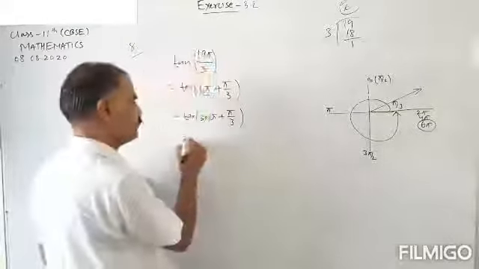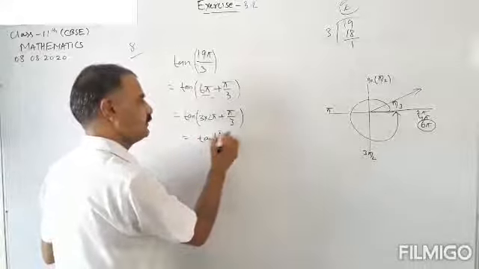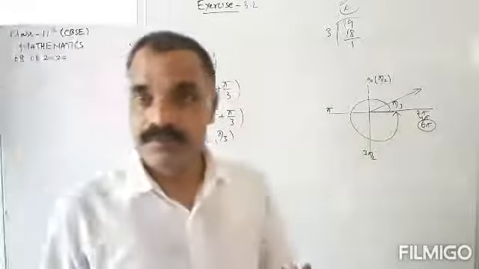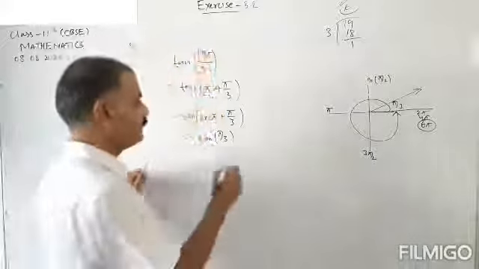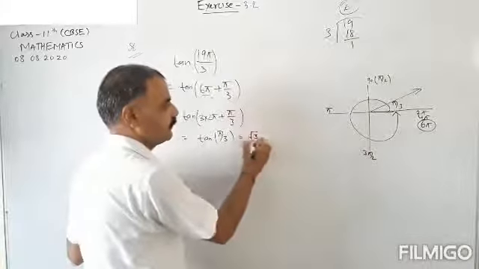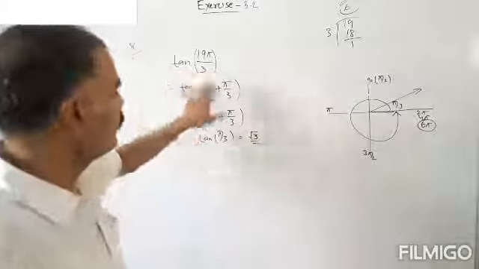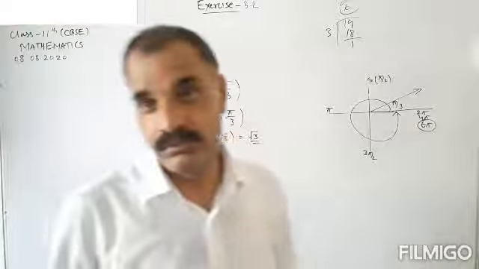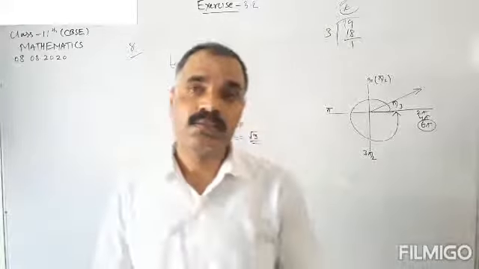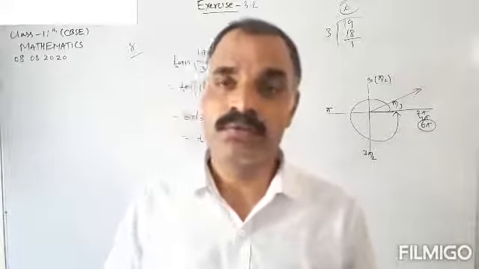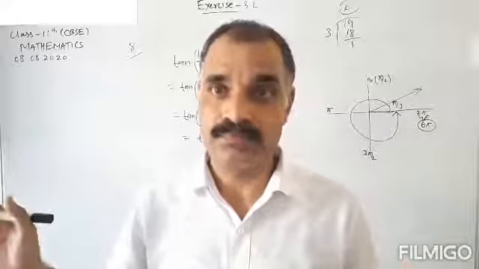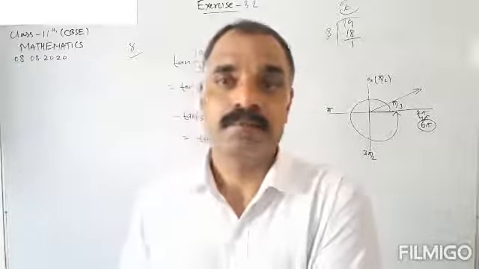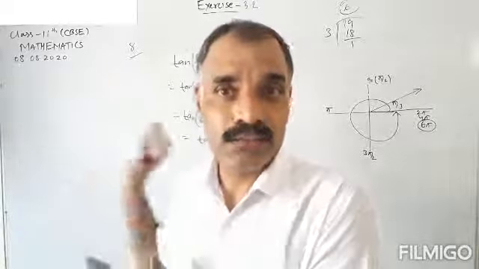So this is equal to tan pi by 3, tan 60 degree, that is under root 3. So the value of this is under root 3. So you can find the value of all the angles, infinite angles, from minus infinity to plus infinity, using this trick.